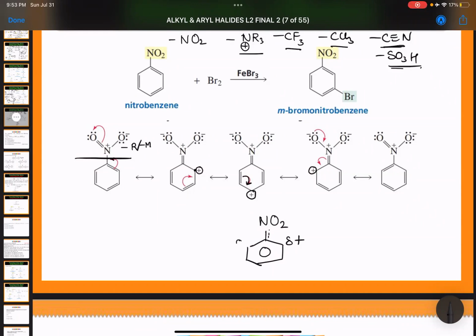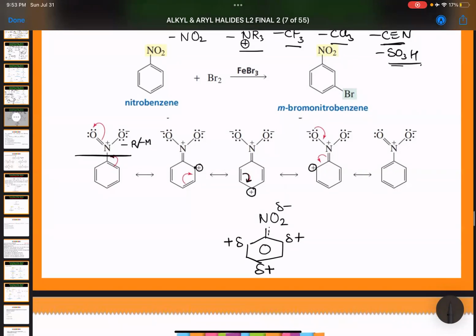So you can see that delta plus will be generated at the ortho and para positions due to the minus R effect. It is the effect which pulls the electron density out of the benzene ring by the phenomenon of resonance.